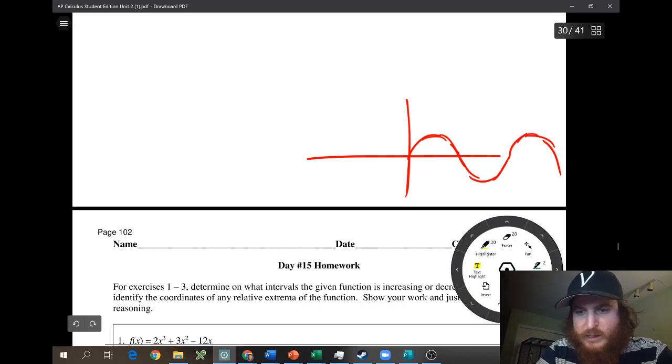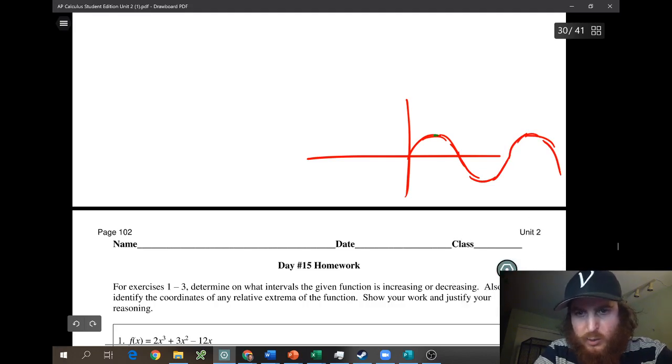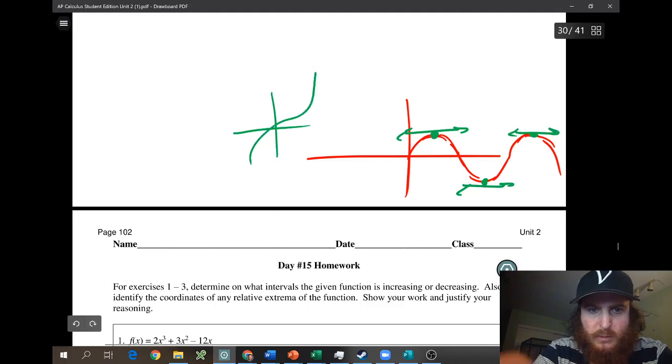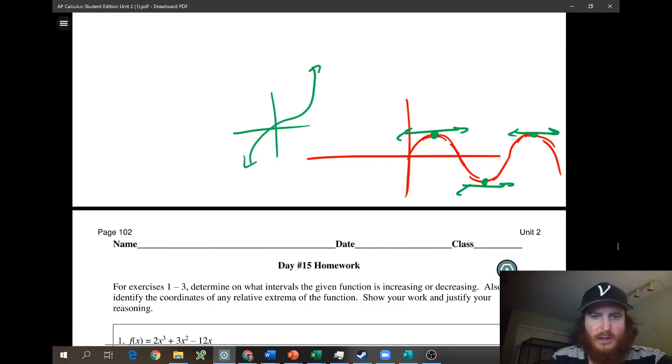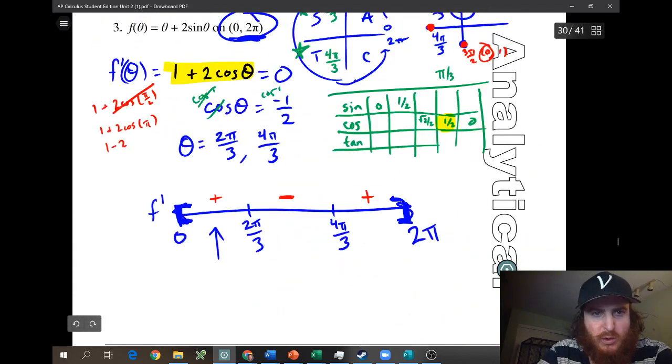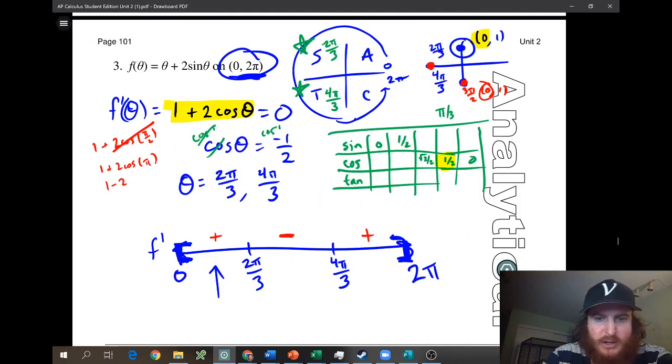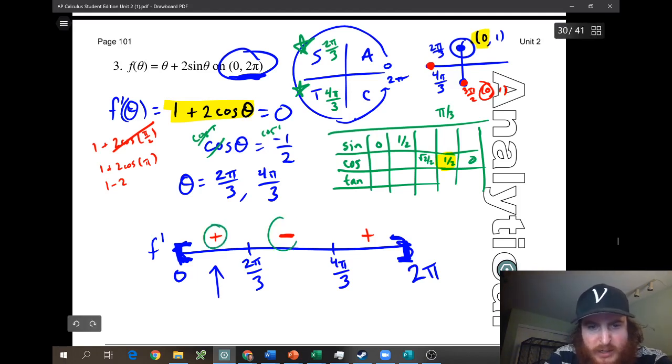So a big hint is if we look at our critical points, they're always going to be maximums and minimums. They're never going to be those weird ones that pause. Unless you have a square or a square root or something in there, it's different. But if you just have a normal cosine or sine, this is always going to switch positive, negative, positive.